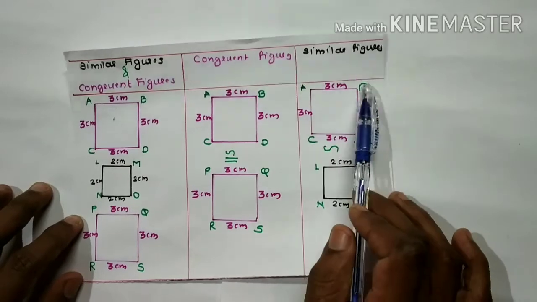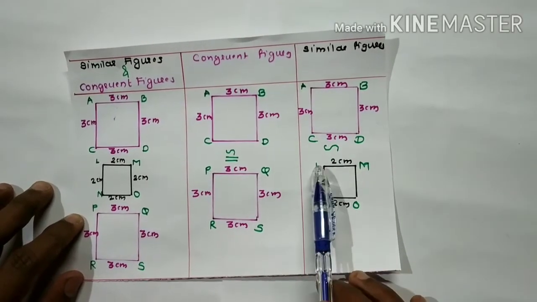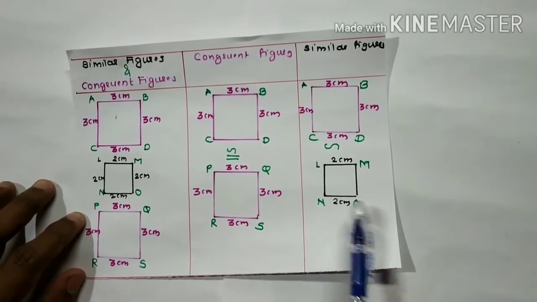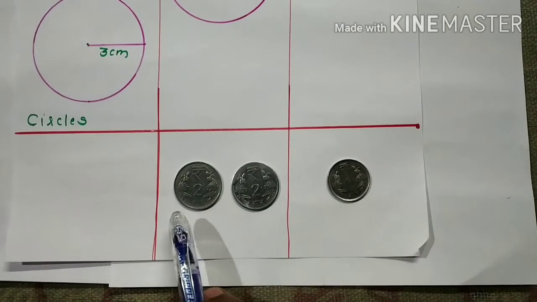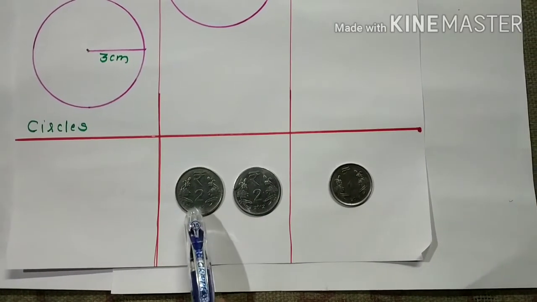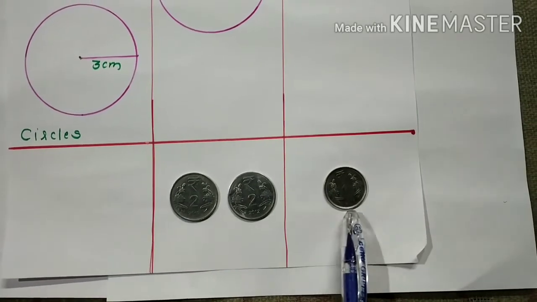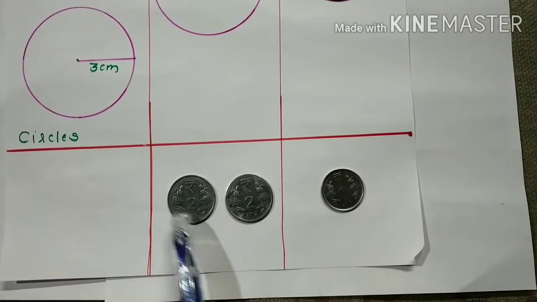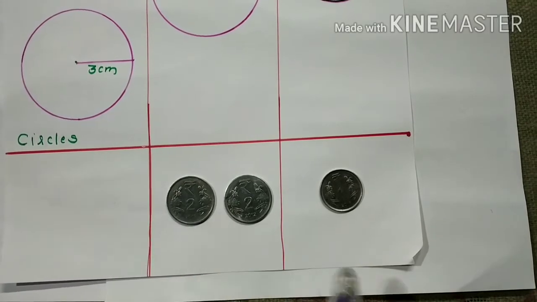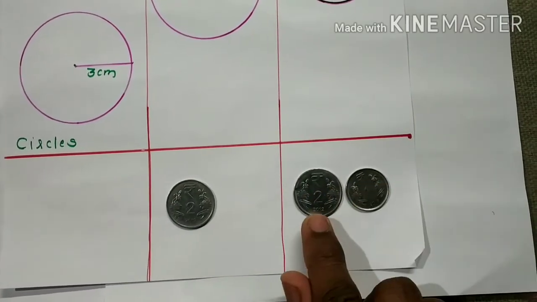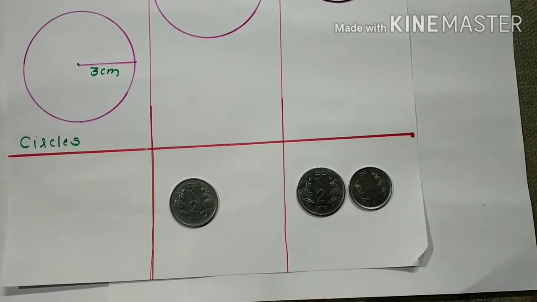So square ABCD is similar to square LMNO. Now these are the examples of coins. This is a 2 rupee coin, this is also a 2 rupee coin, and this is a 1 rupee coin. So these two coins are congruent and these two coins are similar.